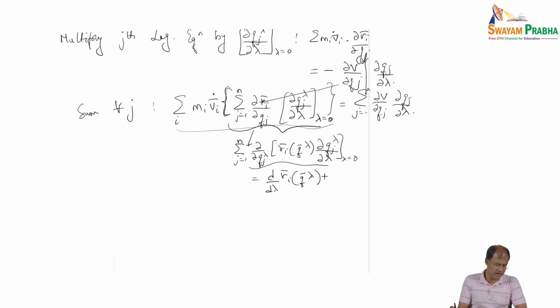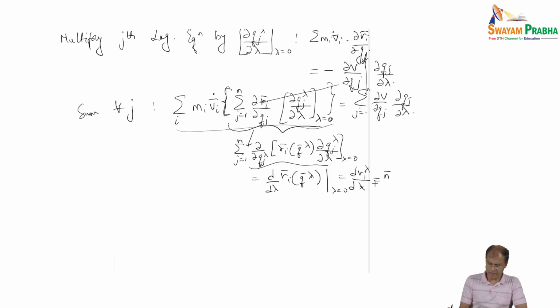If we plug in the expression for Ri lambda, we get that this is equal to n.